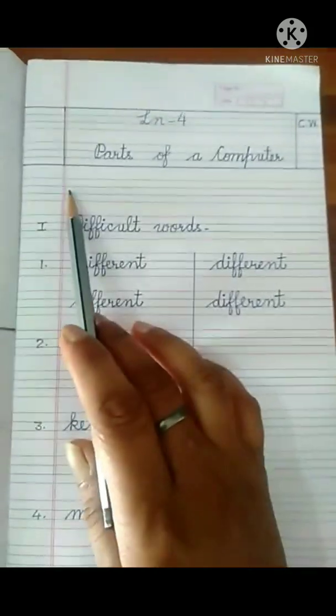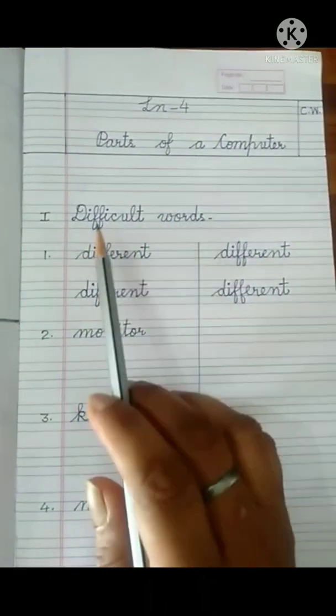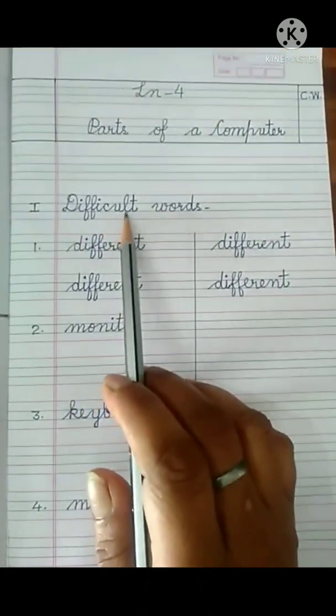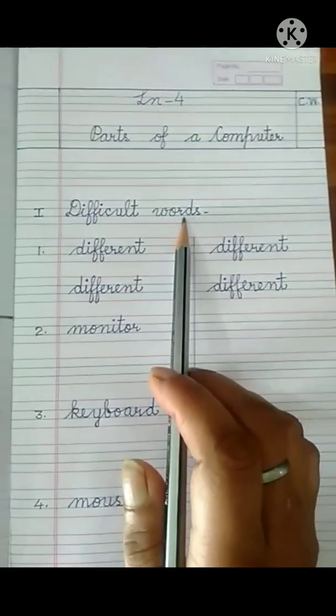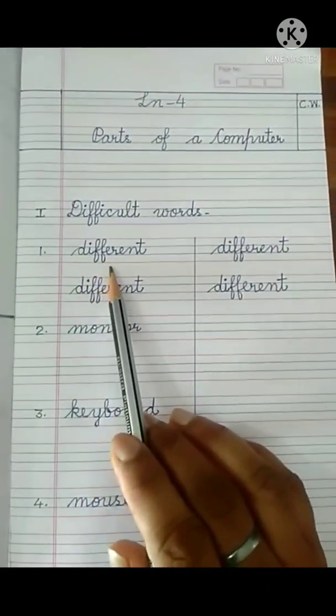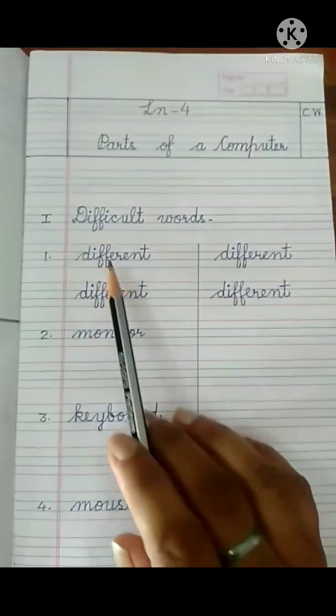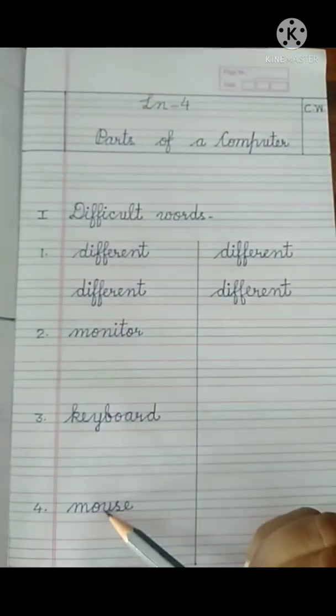After the headline you have to leave one line, then start first difficult words. D-I-F-F-I-C-U-L-T, difficult words. First word is different. D-I-F-F-E-R-E-N-T, different. You have to write 4 times each word.